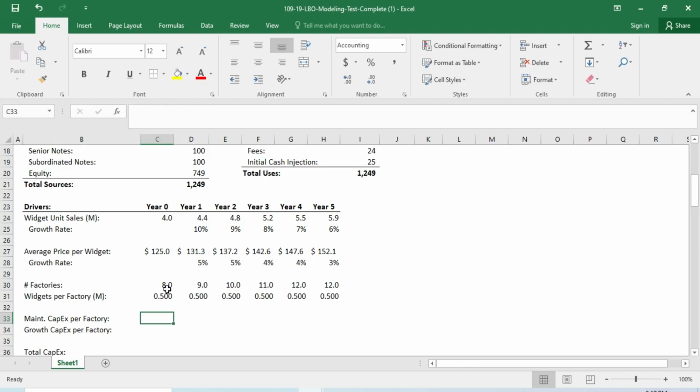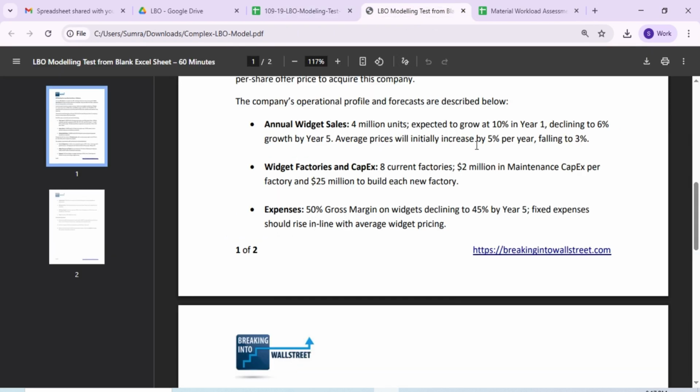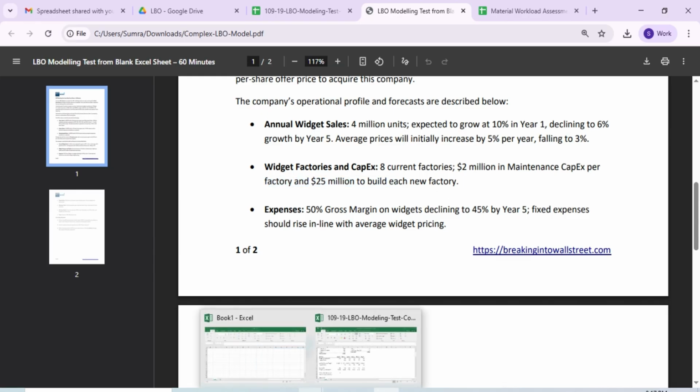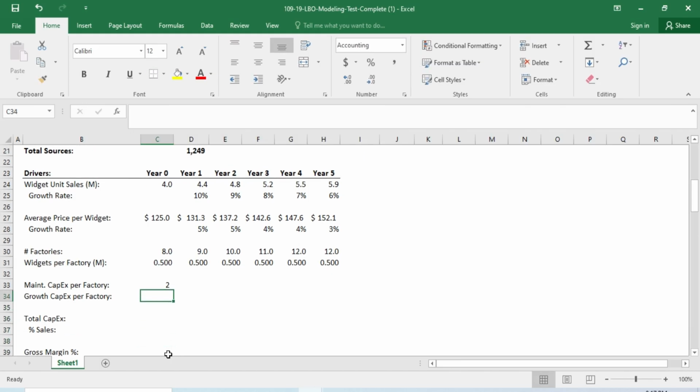Okay, then maintenance per factory is 2 million, 2 million maintenance capex per factory and 25 million to build each new factory. Okay, and now we will calculate the capex.